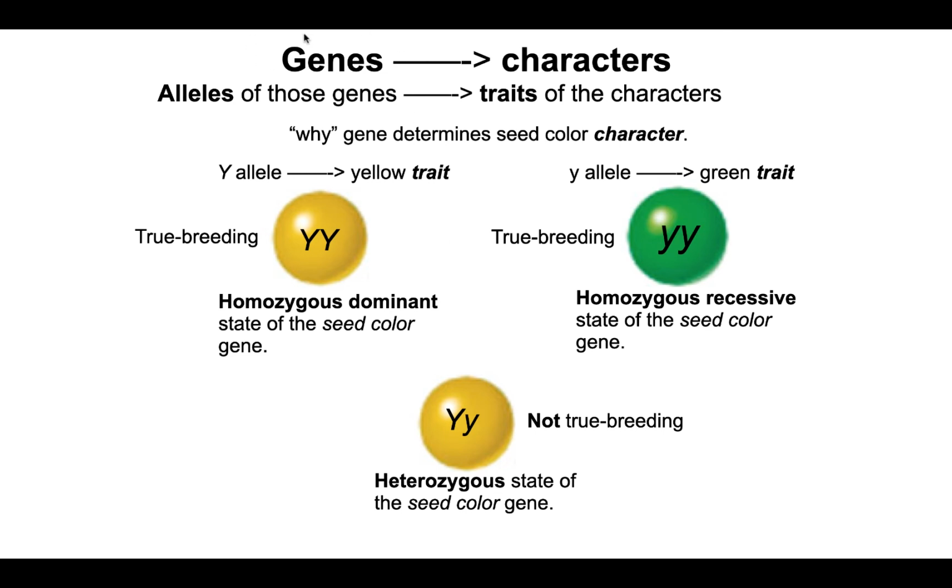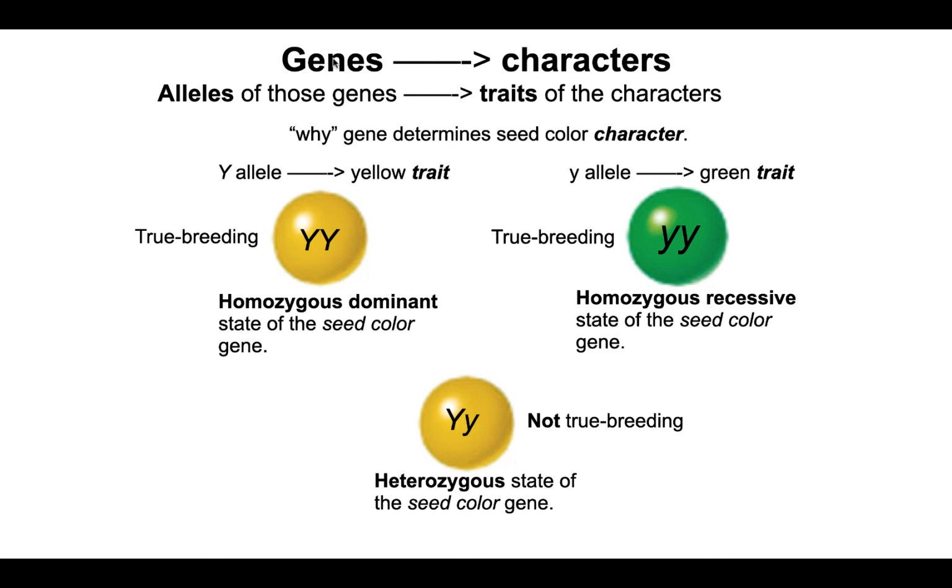All right, now, genes correspond to characters. So the gene for flower color gives rise to flower color. Flower color gene is the gene, and the character that it controls is flower color. Then there are going to be alleles of those genes, various versions of those genes, which are going to give rise to the various traits of that character.